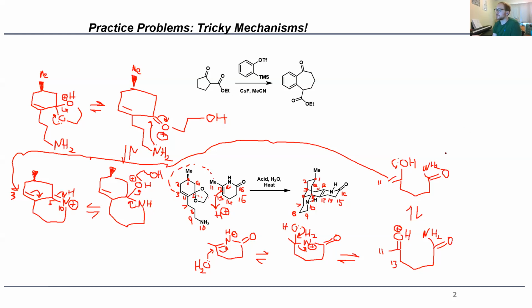And that gives us a product that looks like, we'll draw a flat still. And now we've made the crucial carbon 11 carbon 3 bond.